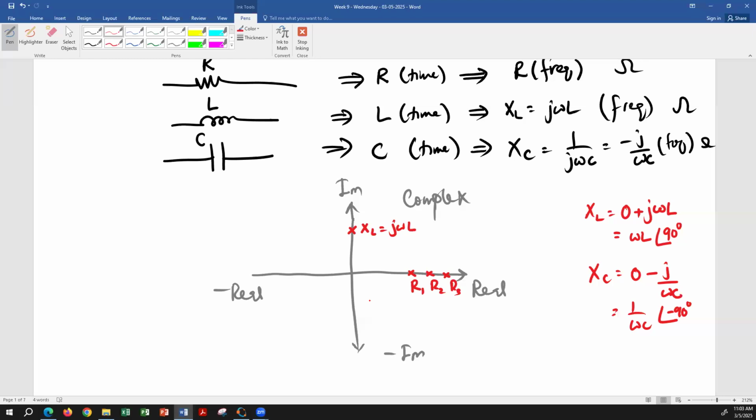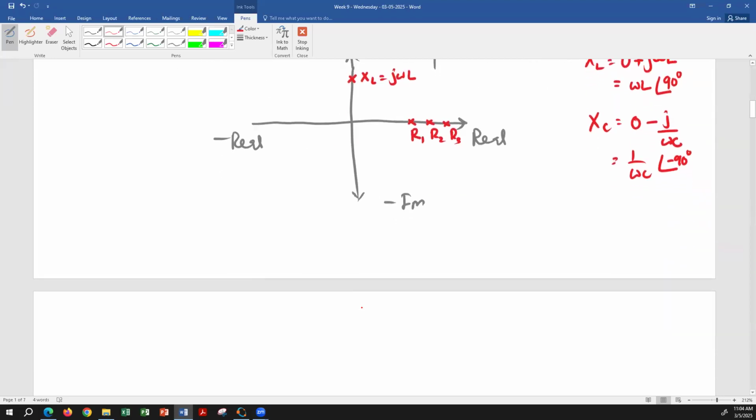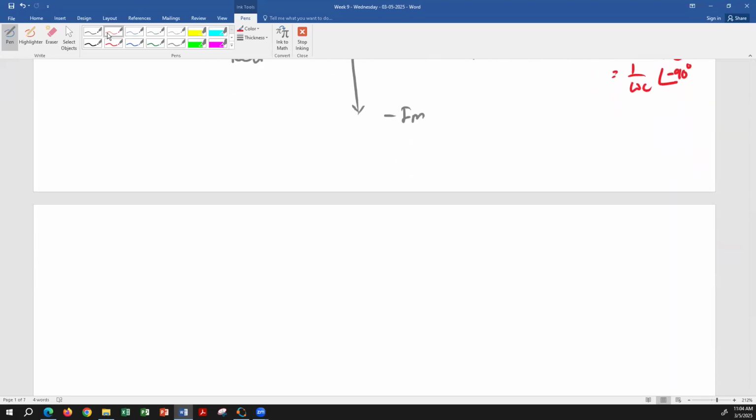So how many of you know how to go from rectangular form into polar form? If a number is given in rectangular form, let's say your voltage V(j omega) is 6 plus j3, and I want to write this down in polar form, that is magnitude and phase.